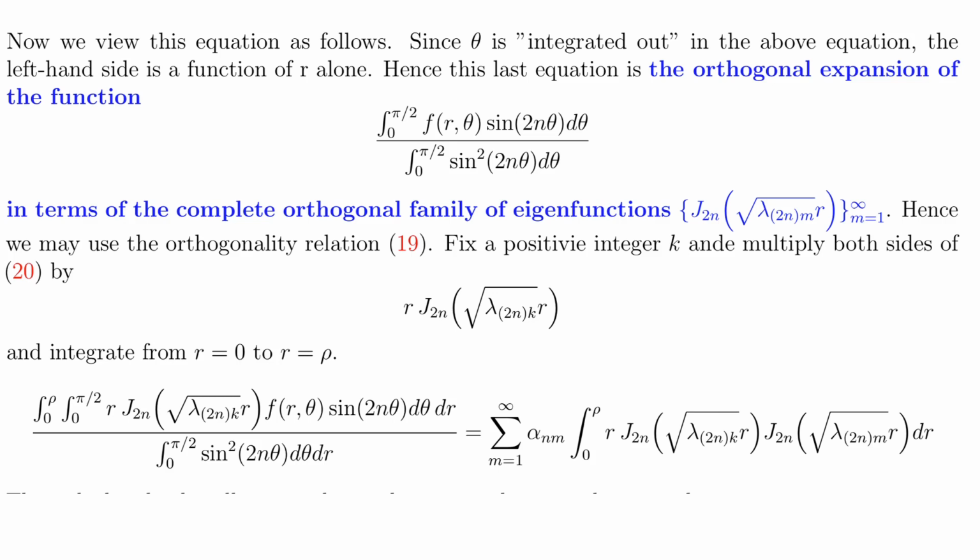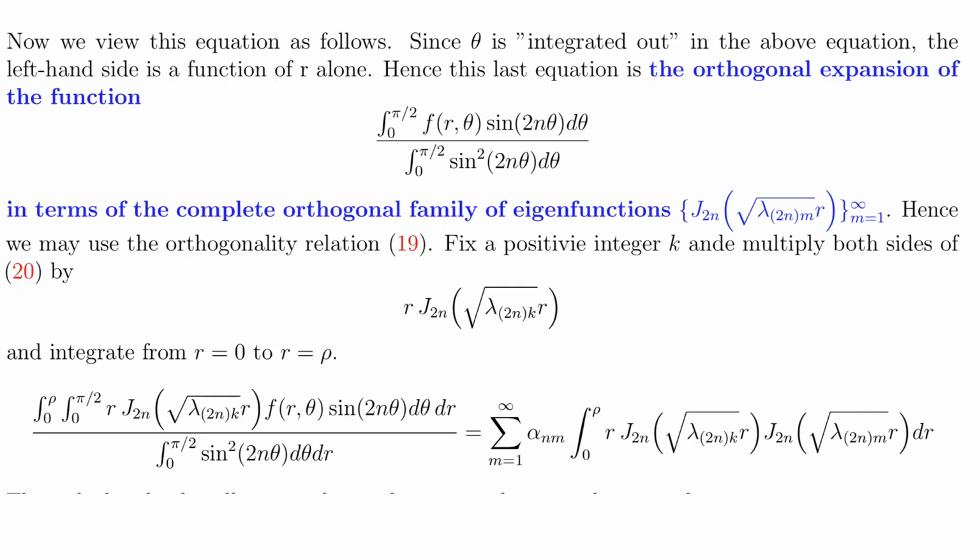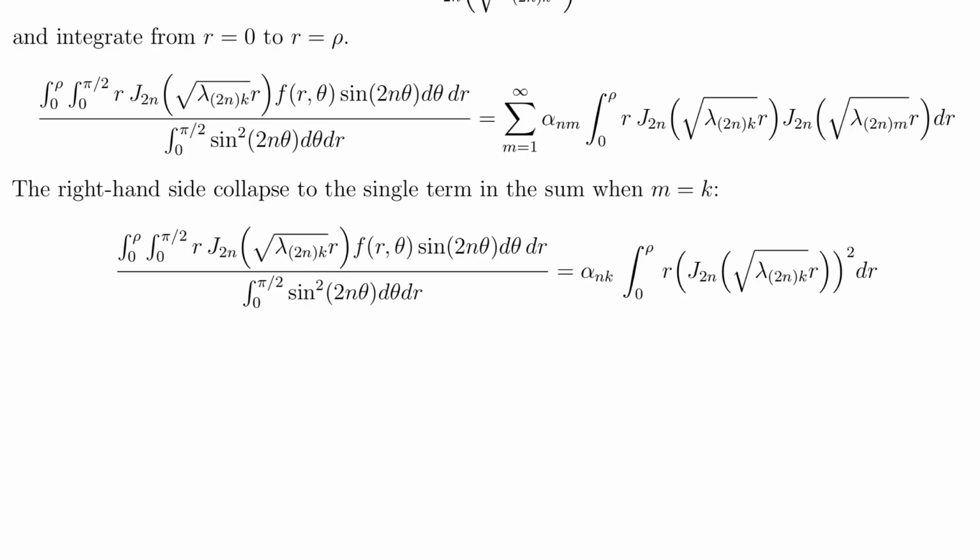Hence, we may use our orthogonality relation 19. Do the following. Fix a positive integer k and multiply both sides of equation 20. Now let me remind you, here's equation 20. Multiply both sides by r J sub 2n of its argument and integrate from 0 to rho. And it gives us the equation at the bottom of the screen. The right-hand side collapses to the single term in the sum when m equals k.